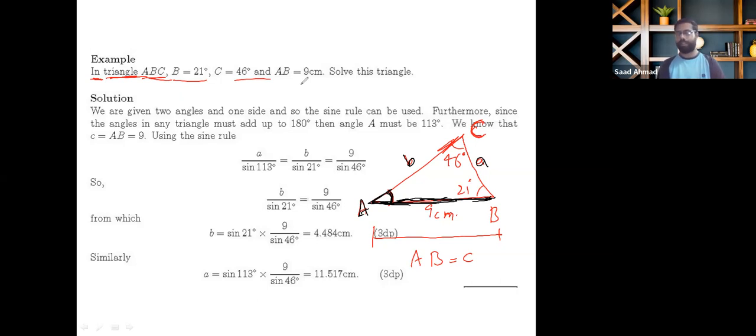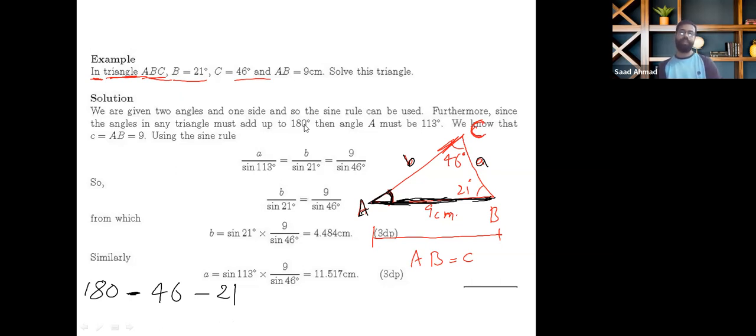If we know two angles in a triangle, can we find the third missing angle? Yes, we can, because we know the sum of the angles in a triangle is 180. So 180 minus 46 minus 21.